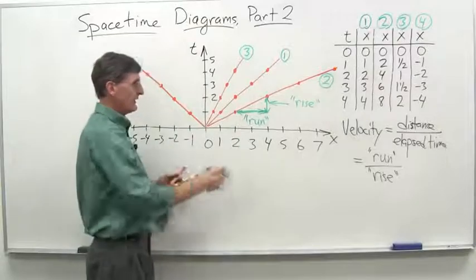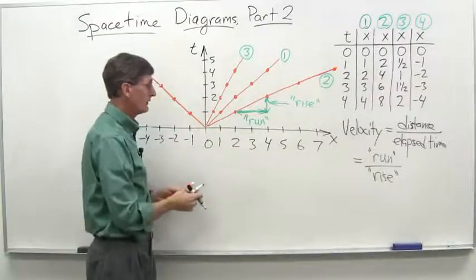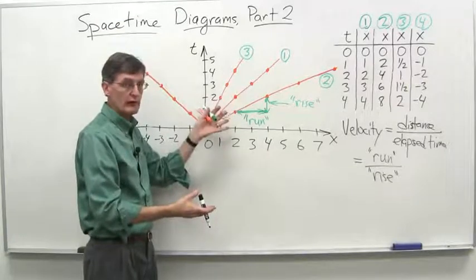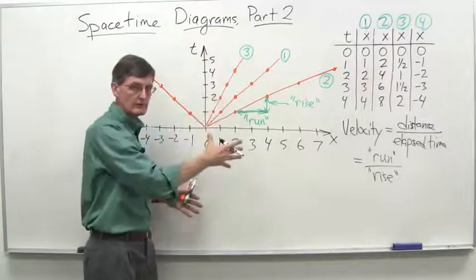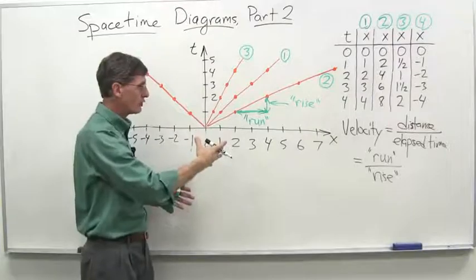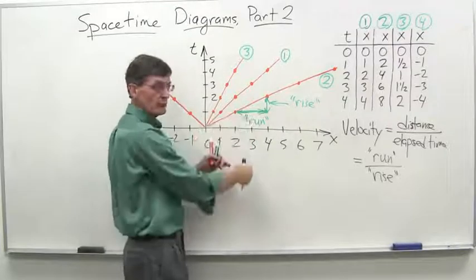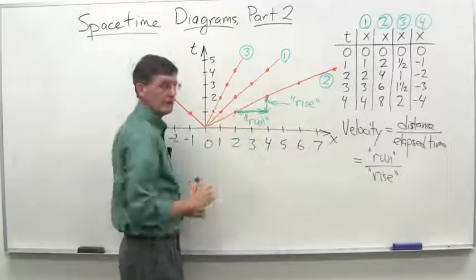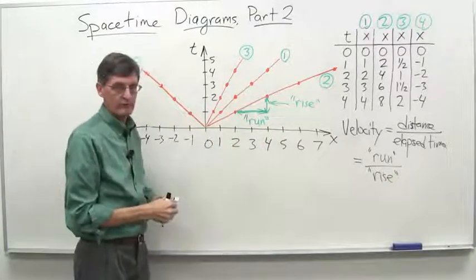Okay, so if I didn't have these numbers here, and I wanted to calculate the velocity of any given world line here, or really the object which the world line represents, its motion, I just pick 2 points, and I calculate, okay, how far has it gone? Run. How long did it take? The rise, and that's the velocity for me.